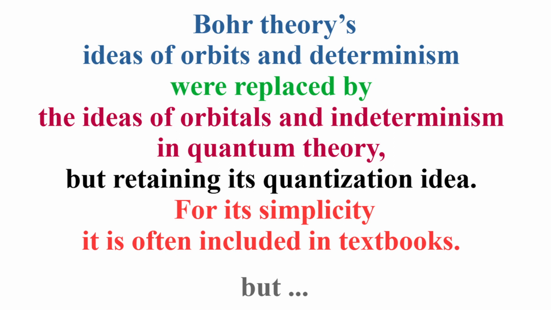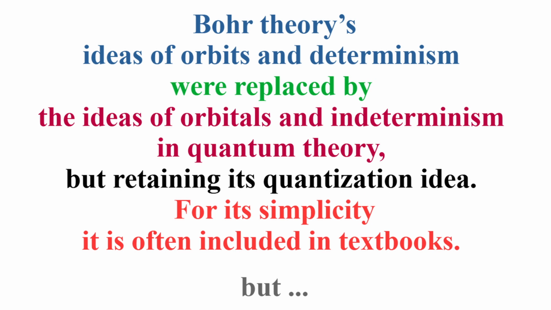Hence, Bohr theory's idea of electron orbits and determinism was dumped and replaced by the orbital idea of quantum theory. But Bohr theory's idea of quantization was retained in quantum theory.